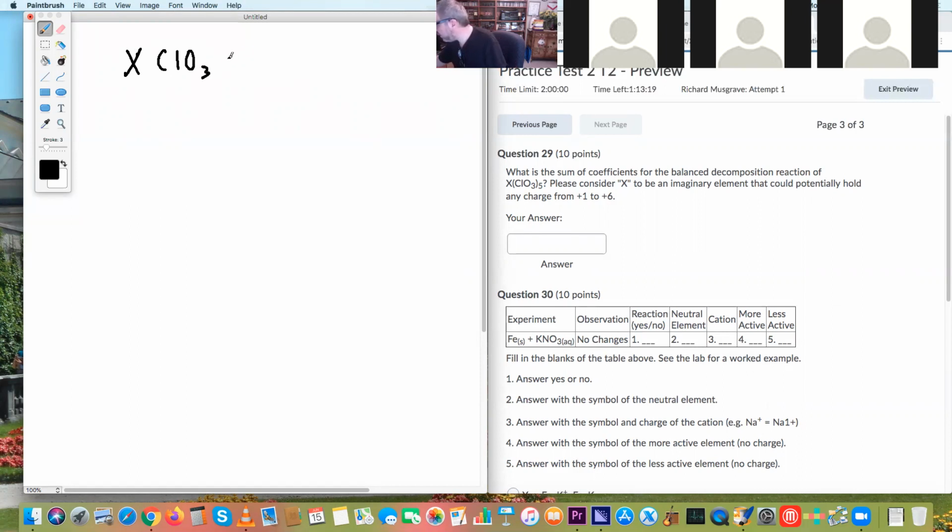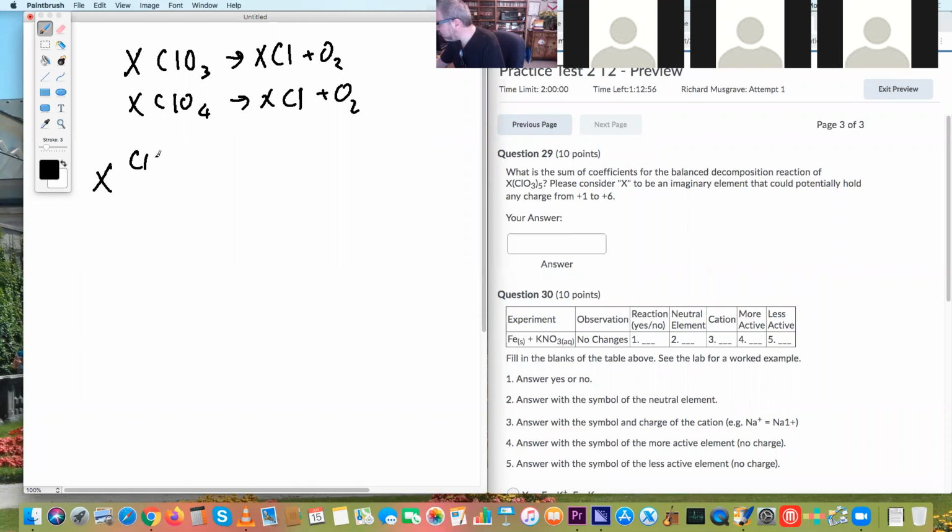If it's XClO3, it's always going to give XCl plus O2. So those are always going to be the products. Same if it's XClO4, it's going to be XCl plus O2, unbalanced.